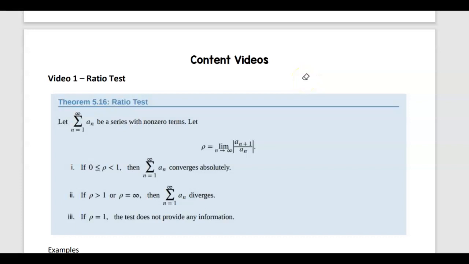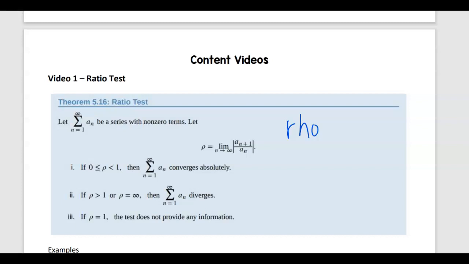Okay, so we are going to be talking about the ratio test. And the ratio test says that if we have a series with non-zero terms, then we let, and that little P symbol there is actually called rho. I'm sure they use that in this textbook for rho for being ratio.